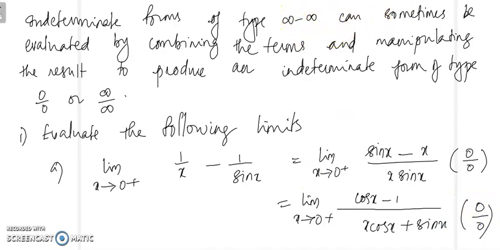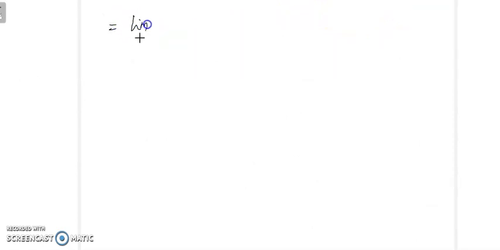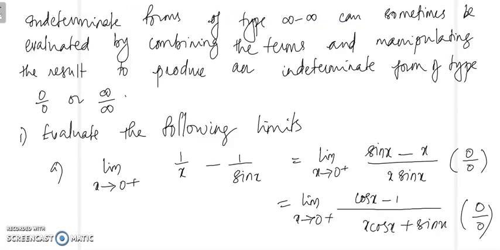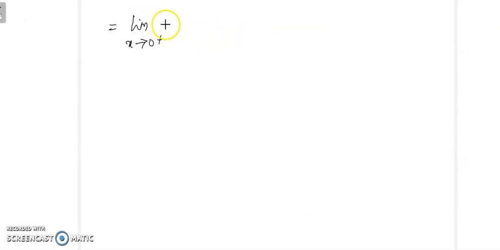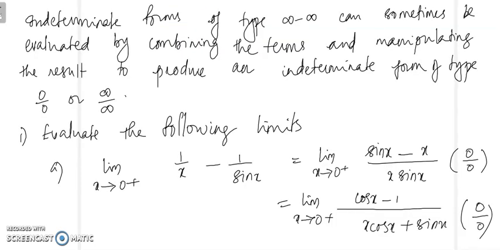So apply the L'Hospital rule once again. So that will give limit x tends to 0 plus, in the numerator you will have minus sin x, and in the denominator you will have the derivative of x cos x plus sin x.